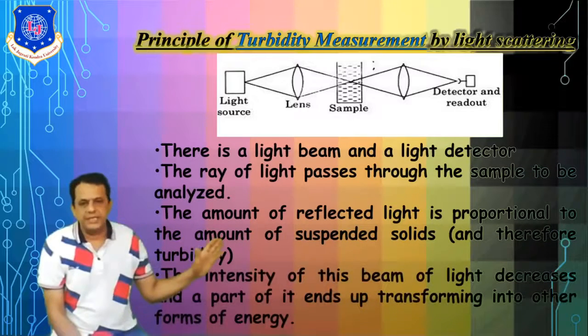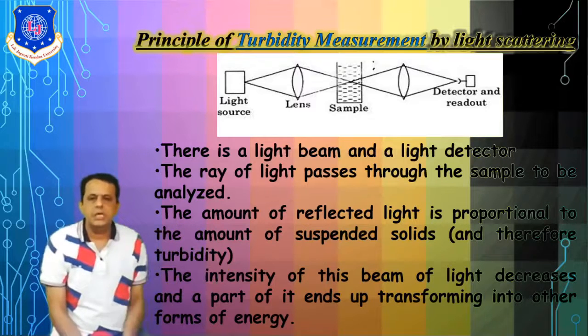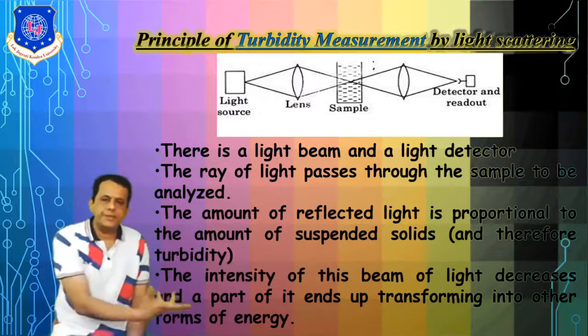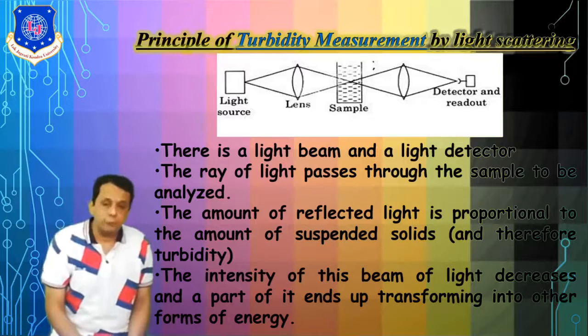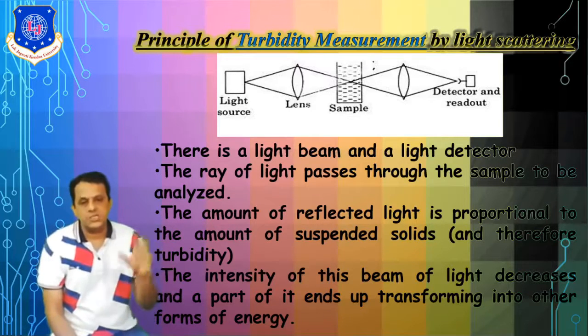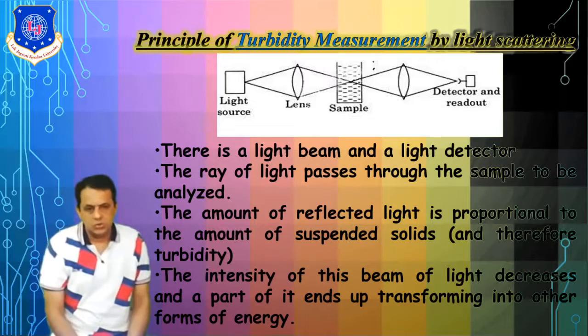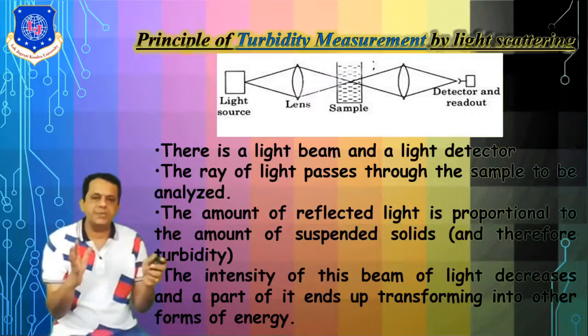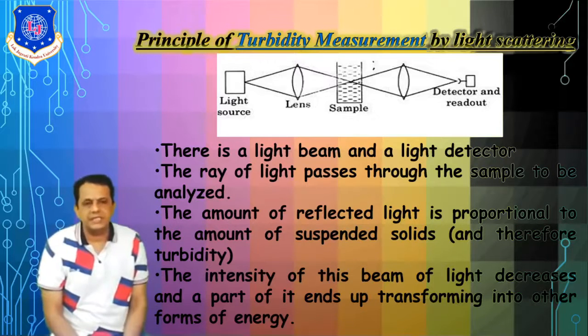So again, the light source emits light, and the amount of reflected light will be detected, and that is proportional to the amount of suspended solid, like how much light is allowed. This is the basic principle of turbidity measurement with the light scattering effect.